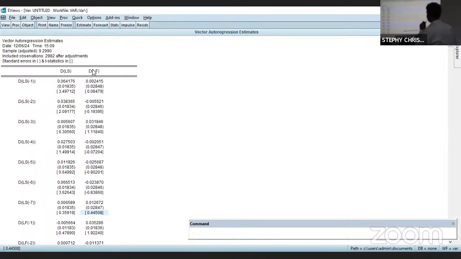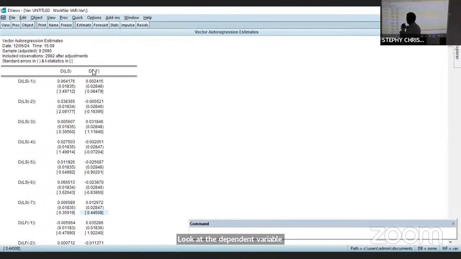Very poor result again. Look at the dependent variable, and look at lag 7 of DLF, the lag value of 7.